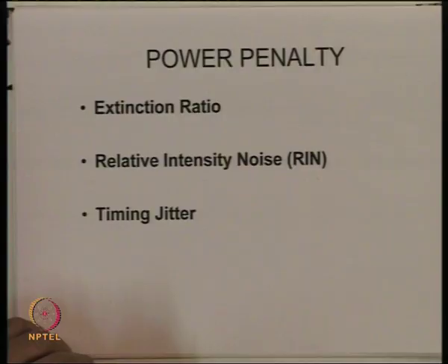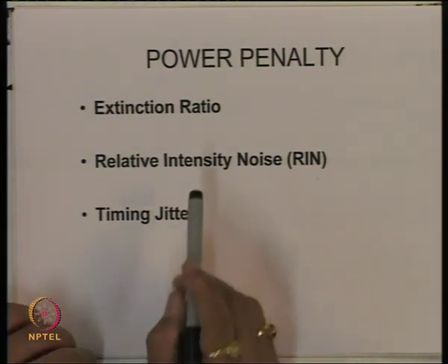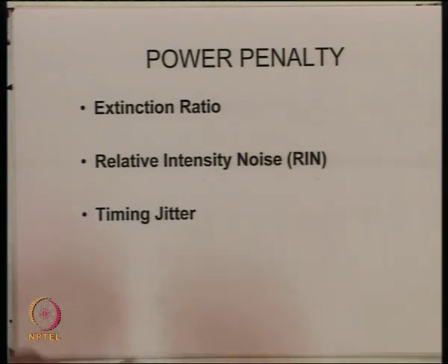This is the quantity which is called the power penalty. That power penalty essentially is the extra power which has to be added in the optical system so that we get the same BER performance.